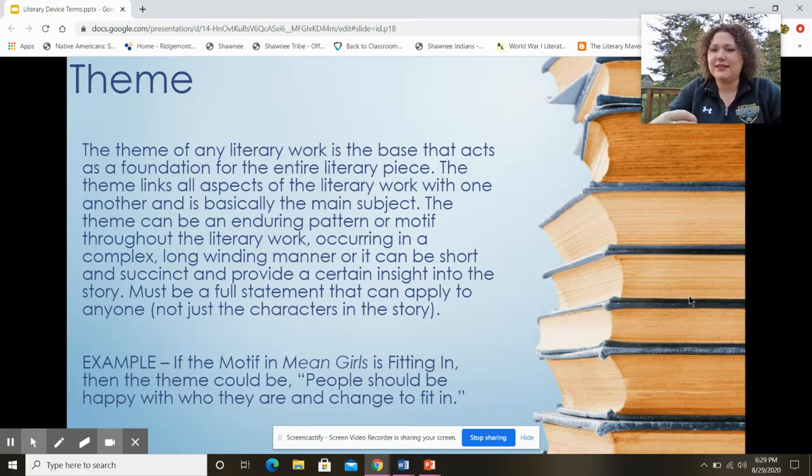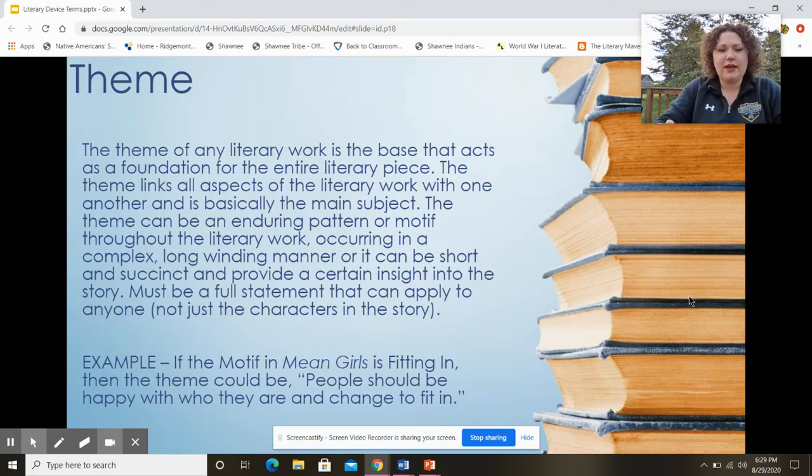Your theme is those lessons, those takeaways that we learn from what we are reading, okay? And with a theme, it has to be that full statement. It can't just be jealousy, and it can't just be fitting in, because then that would be a motif. So I expand fitting in as a motif by saying people should be happy with who they are and not change to fit in is now my full theme.